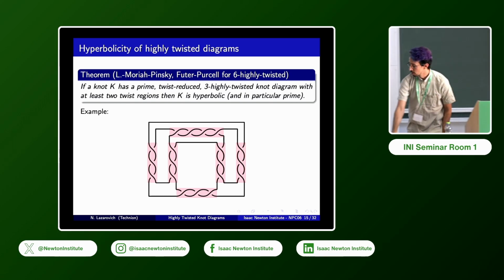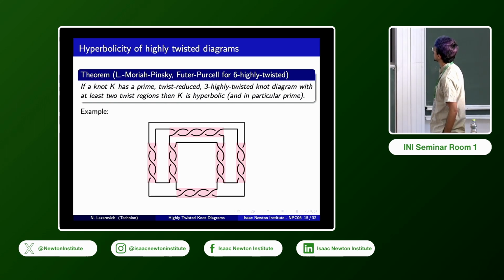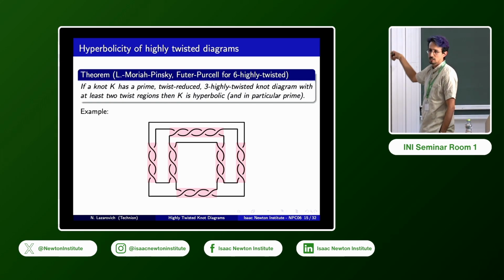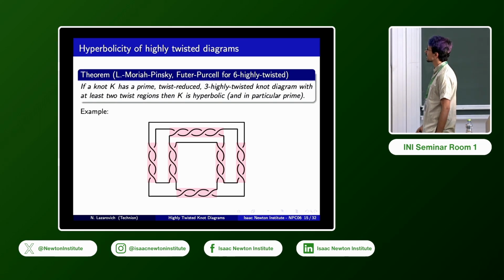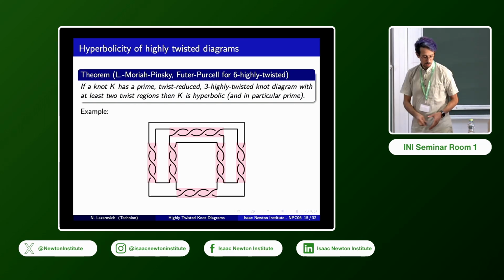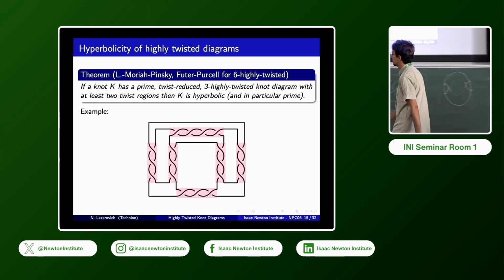Okay, good. And maybe let me say, since we're here, that the number 3 is sort of optimal. If you go to 2, then, okay, maybe I don't have a knot example, but a link example, one can take something like this.